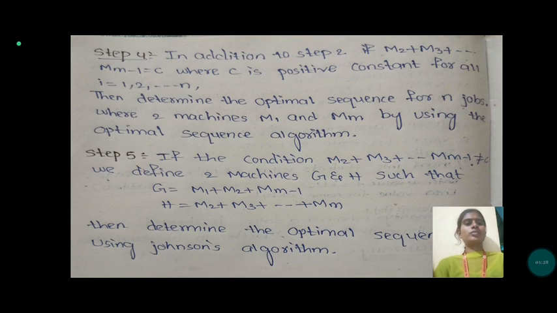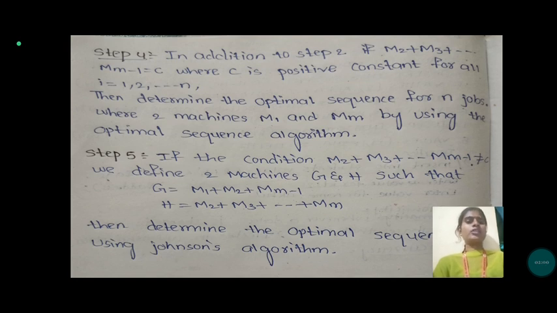In addition to step 2, if M2 plus M3 and so on up to M minus 1 is equal to C, where C is a positive constant for all i equals 1, 2 and so on up to n, then determine the optimal sequence for n jobs on the two machines M1 and Mm by using the optimal sequence algorithm.